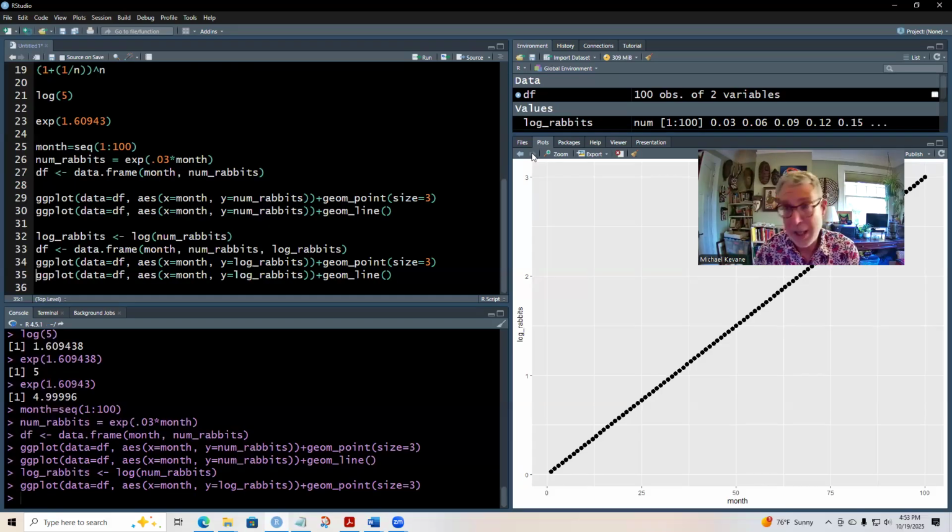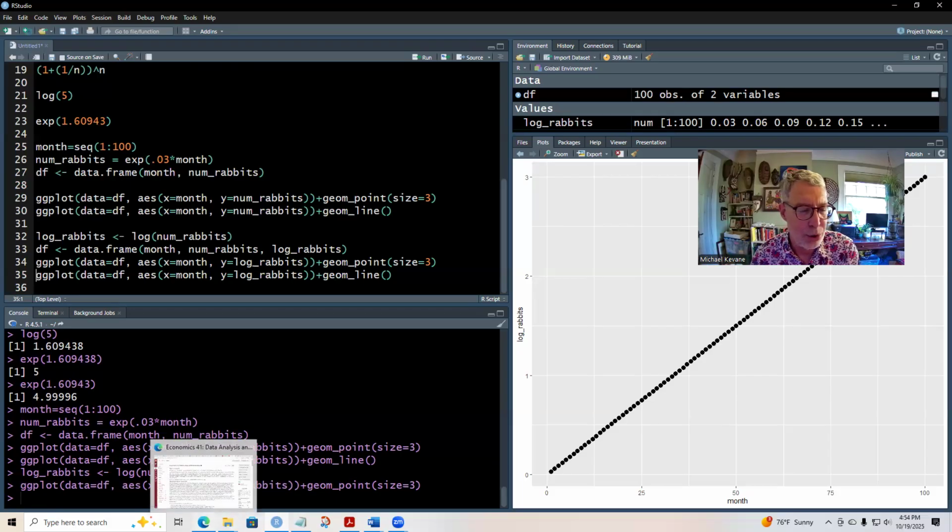So we can now estimate this linear relationship, with months as the x variable and log of rabbits as the y variable. We could estimate that by ordinary least squares, because now it's a linear relationship, as we can see. So the log function is often useful for turning a nonlinear relationship into a linear relationship, especially relationships that follow the exponential growth pattern. So we'll see it a lot in econometrics.